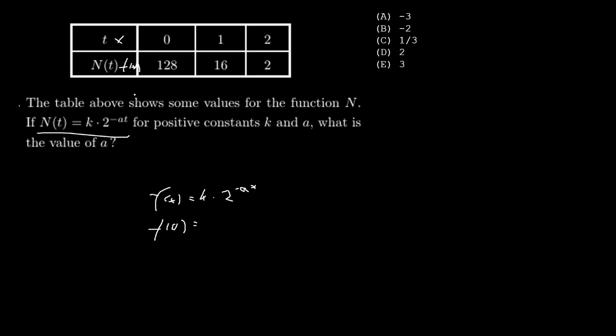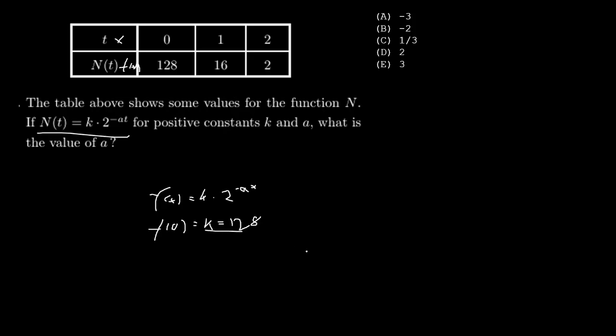So if we take x to be 0, then what do we know? Well, this power would be 0, because 0 times anything is 0. 2 to the 0 is 1. So f of 0 would be k times 1, which is k. And we know that f of 0 is equal to 128. So k would be 128.